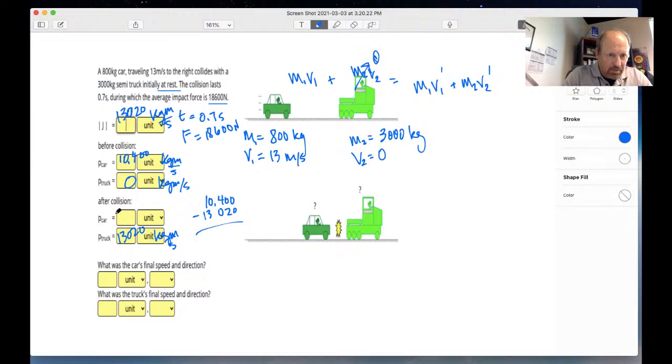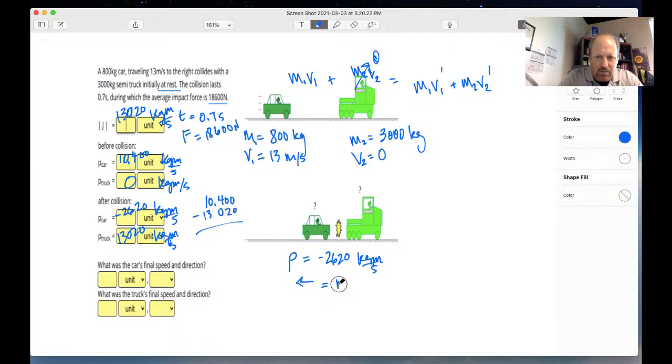So the momentum of the car is negative 2,620 kilogram meters per second. Okay, so what's the car's final speed and direction? Well, the car's final momentum equals negative 2,620 kilogram meters per second. And that's negative, so that means it's moving to the left.